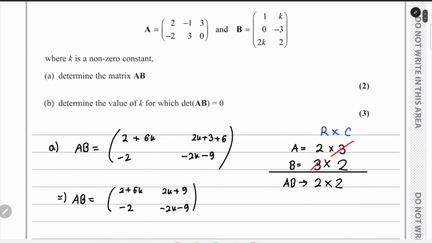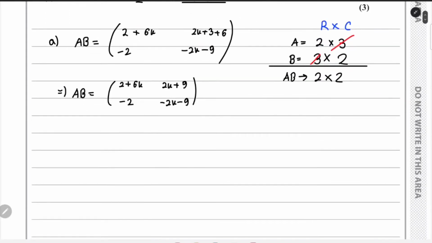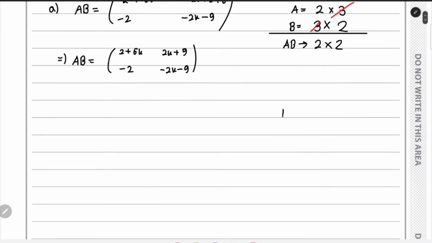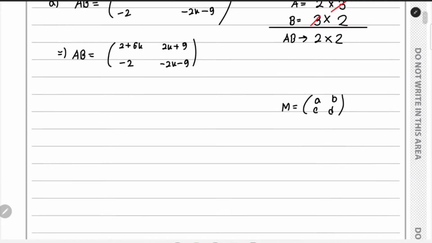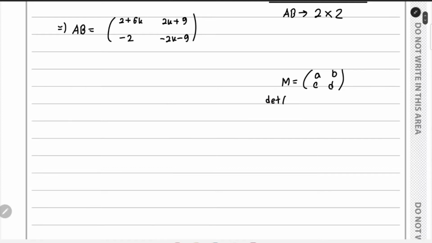Now for the next part, we have to find the value of k when the determinant of matrix AB is 0. So for matrix M, which is a, b, c, d, the determinant of this matrix M will be ad minus bc. So the product of these two values minus the product of these two values.